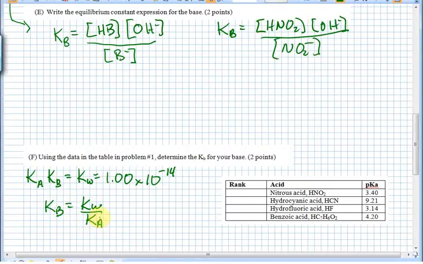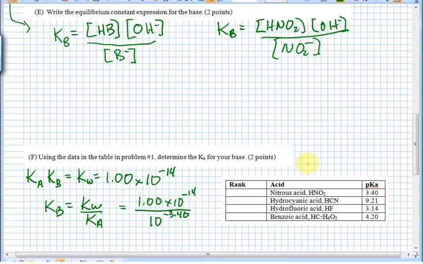This shows the mathematical relationship between an acid and a conjugate base. As the acid gets stronger, the base gets weaker. Kw is a constant, so as one gets bigger, the other one gets smaller. Well, we know the Ka, so we're just going to plug in for our particular reaction, 1.00 times 10 to the minus 14th divided by 10 raised to the minus 3.40 power.